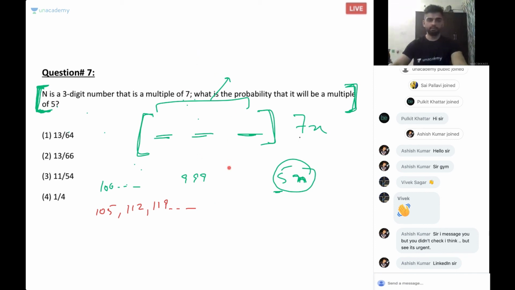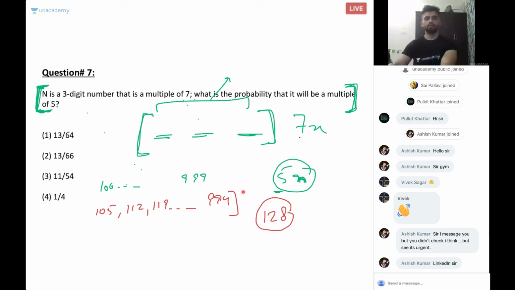The last number here will be 994. How many numbers are these? With 994 minus 105 upon 7 plus 1. This turns out to be 128.